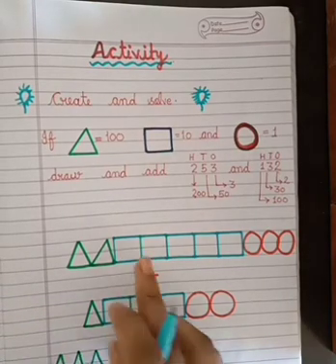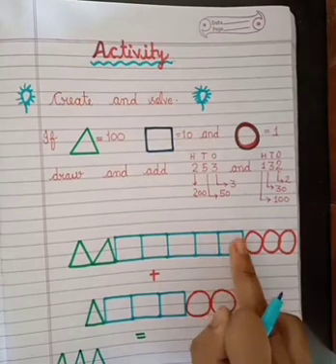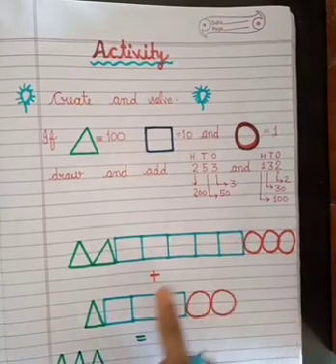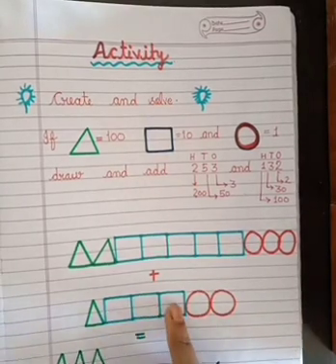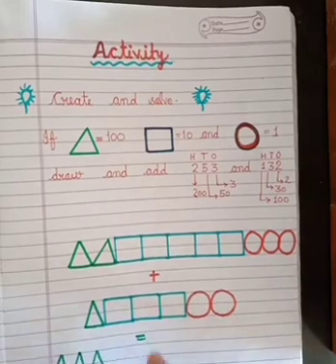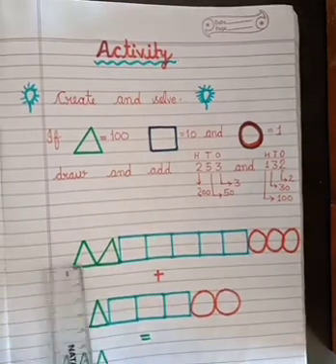Next, 1, 2, 3, 4, 5. 5 squares plus 1, 2, 3, 3 squares. 5 plus 3 is equal to 8.